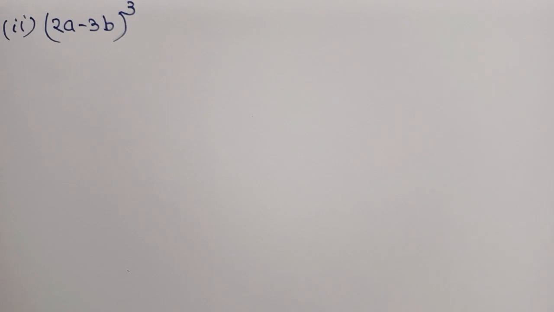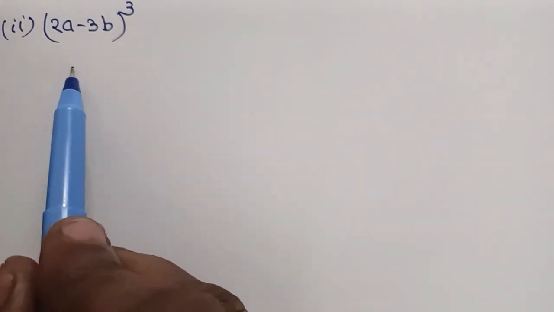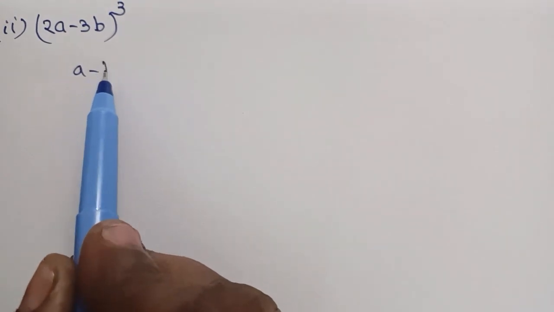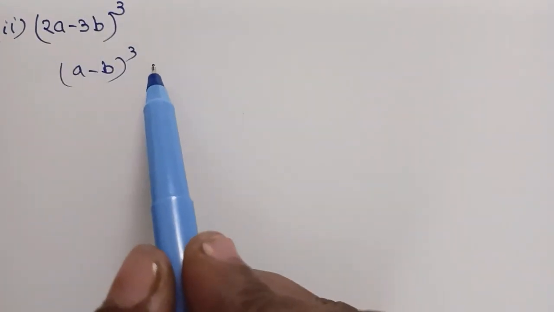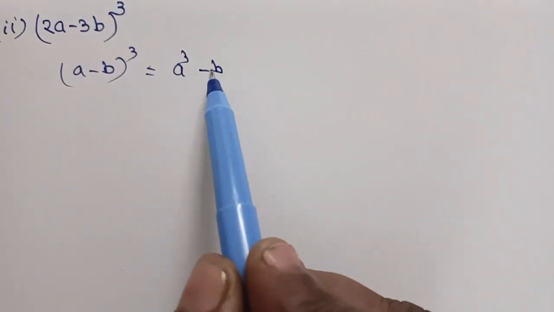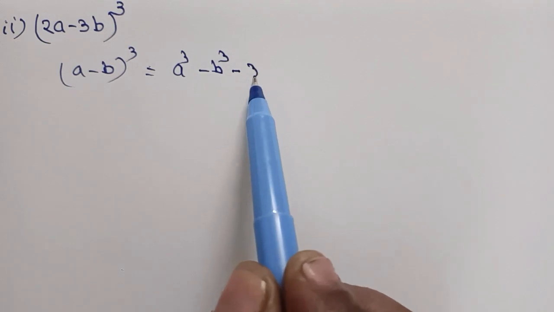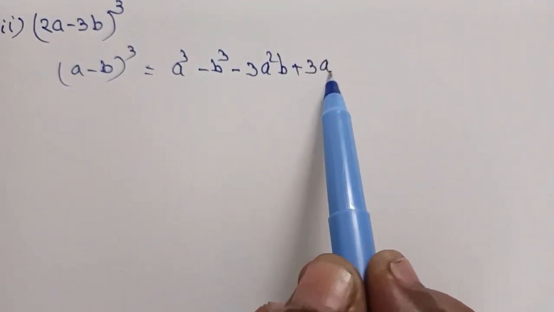Second one, (2a − 3b)³. Here we are using the identity (a − b)³, that is equal to a³ − b³ − 3a²b + 3ab².